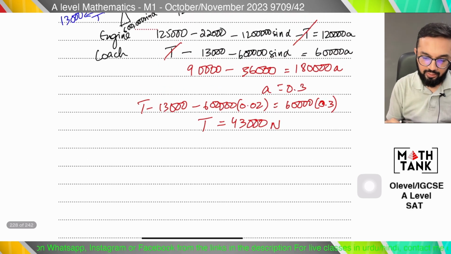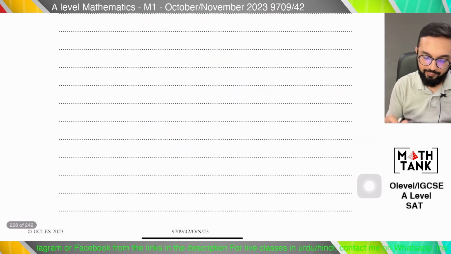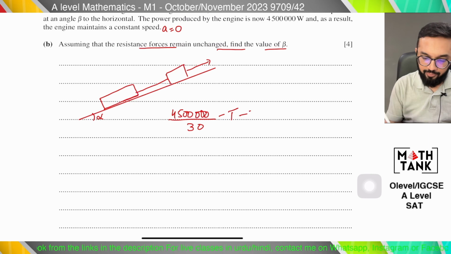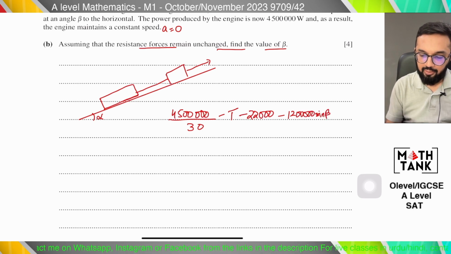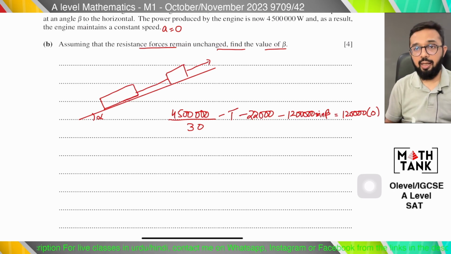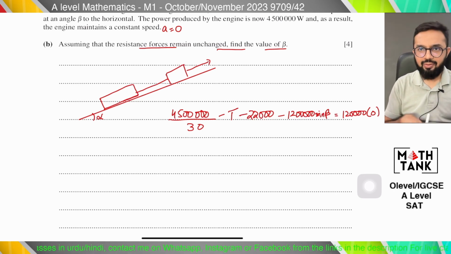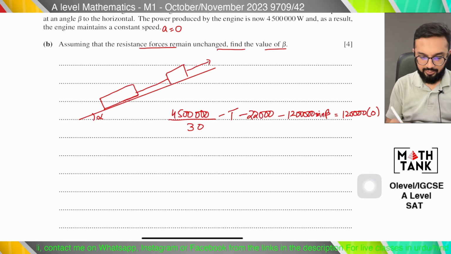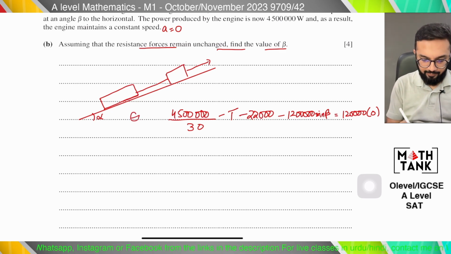So what were the resistances? 22,000 for the engine, and then 1,200,000 sine beta should now be my angle, and I've set acceleration equal to zero because the question says there is constant speed. That was for the engine.